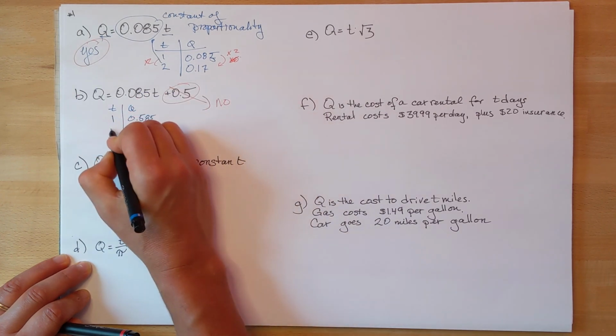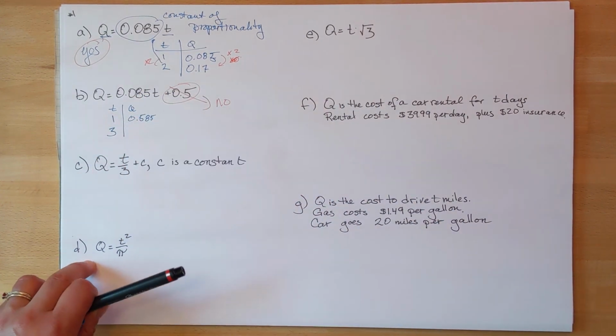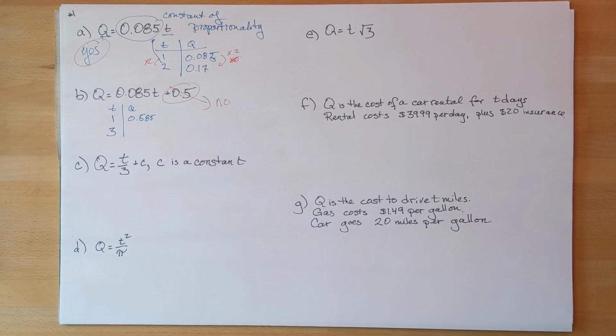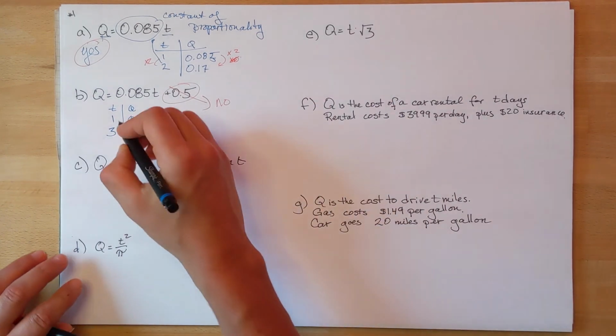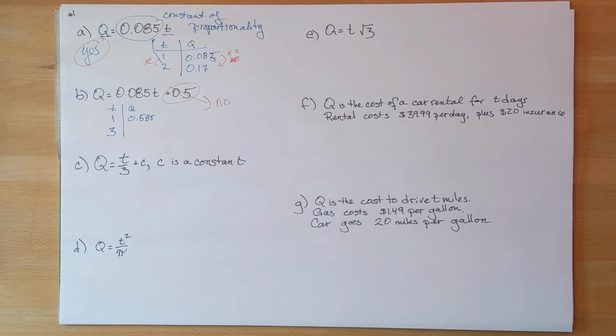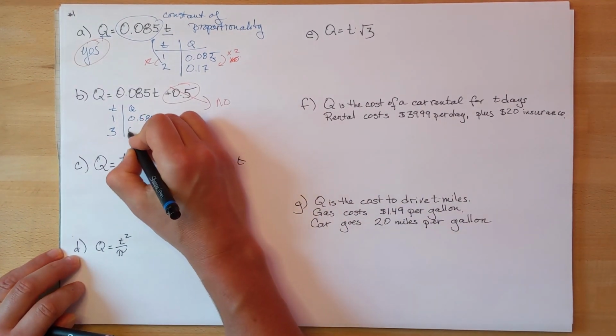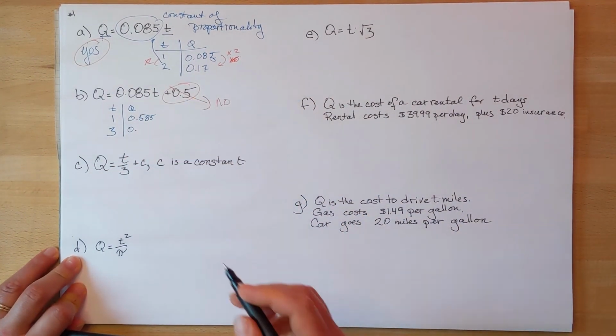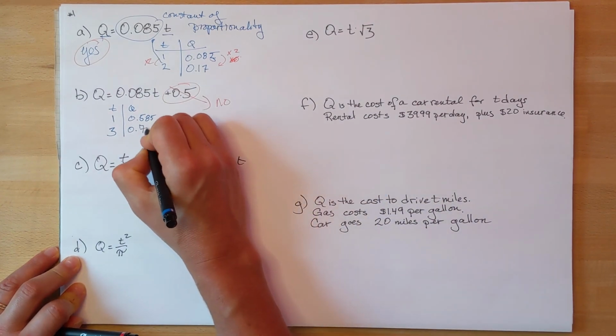Let's try tripling T. If you triple T, then Q becomes 0.755.